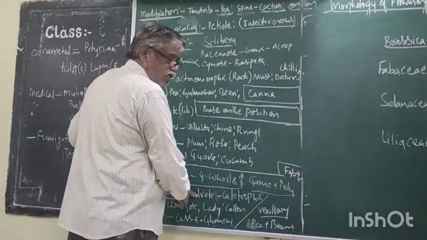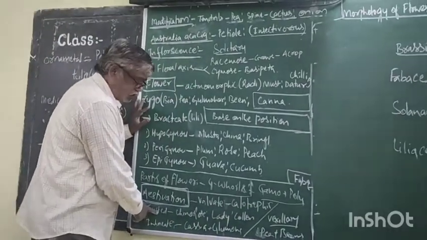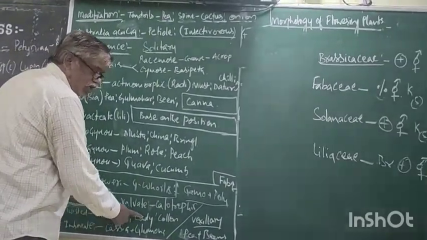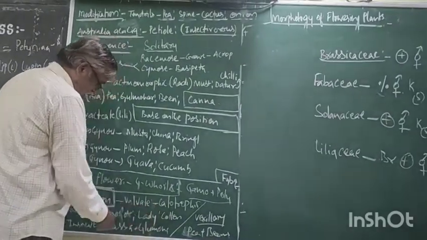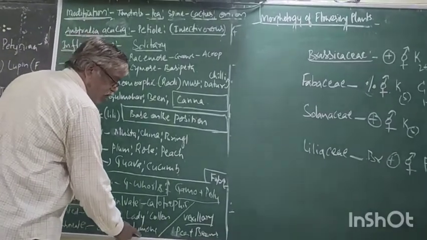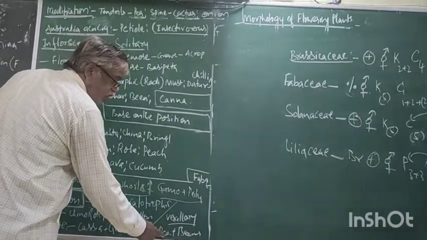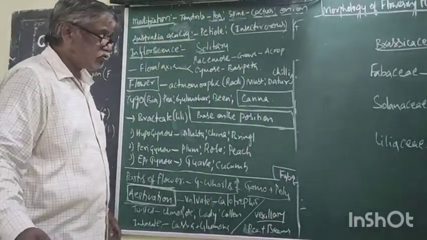Valvate is seen in Calotropis. Twisted is seen in China rose, lady finger flower, cotton flower. Imbricate is seen in Cassia, Gulmohar. Vexillary is seen in pea and beans. Now, this is about the estivation.